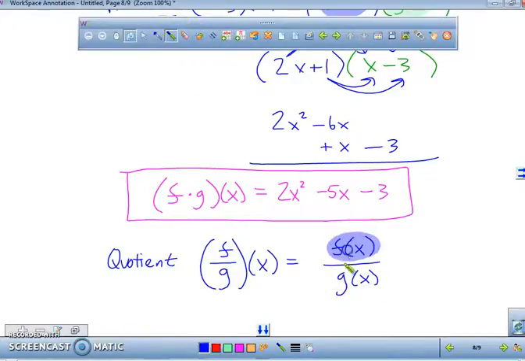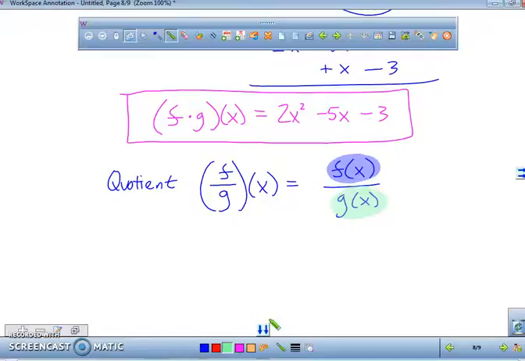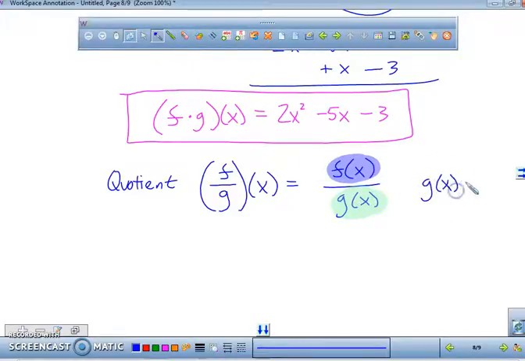Right? F of x divided by g of x. Oh, by the way, because you can't have 0 in the denominator. So when it says in your notes, by the way, g of x cannot equal 0, that's because you can't put 0 in the denominator. Because you can't divide anything by nothing.